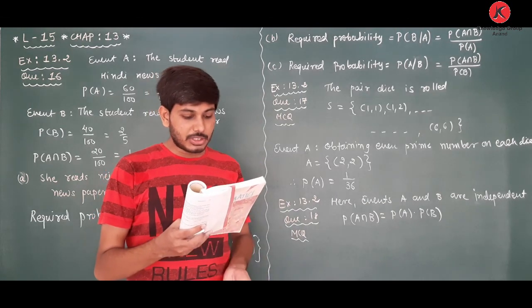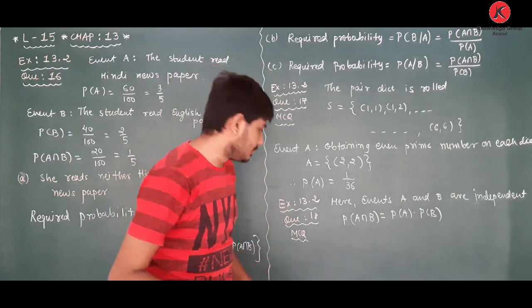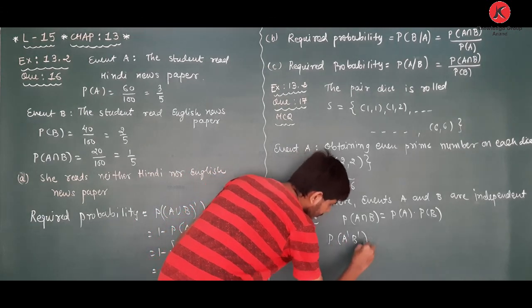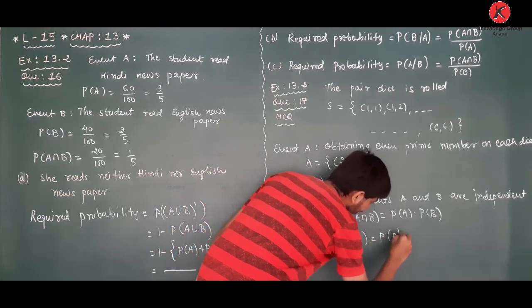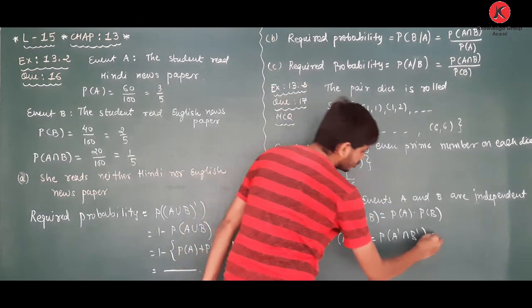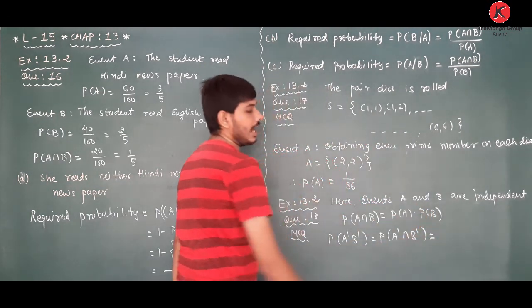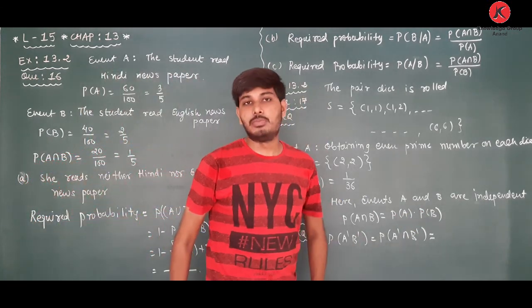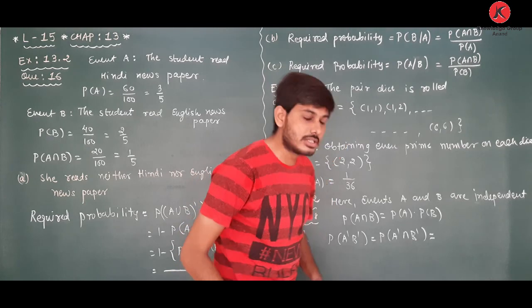Second, probability of A dash B dash. Probability of A dash B dash means probability of A dash intersection B dash. If A and B are independent, then we can also say that A dash and B dash are also independent events.